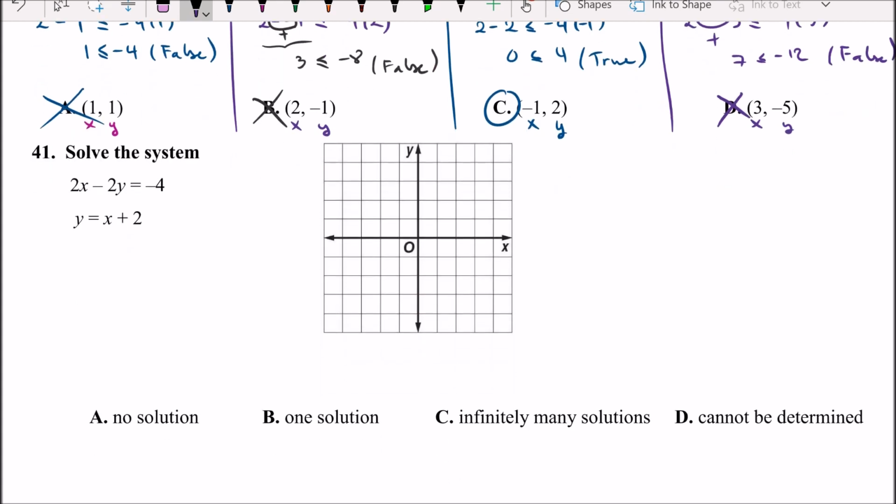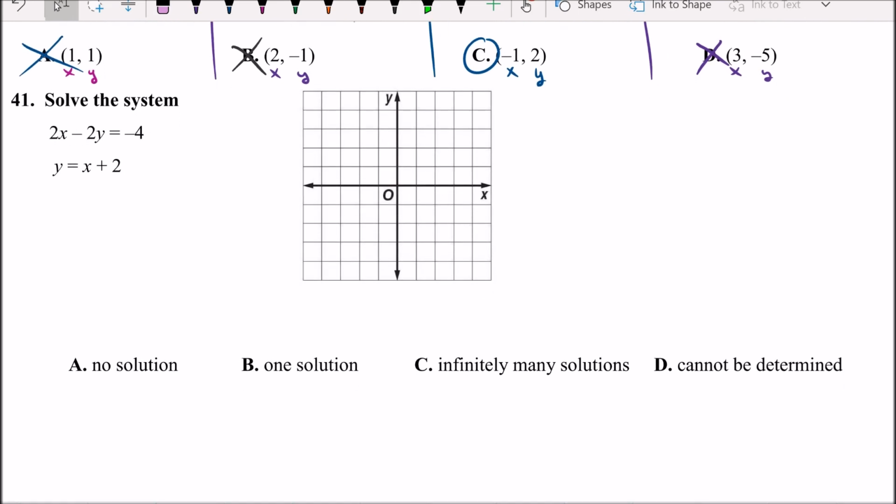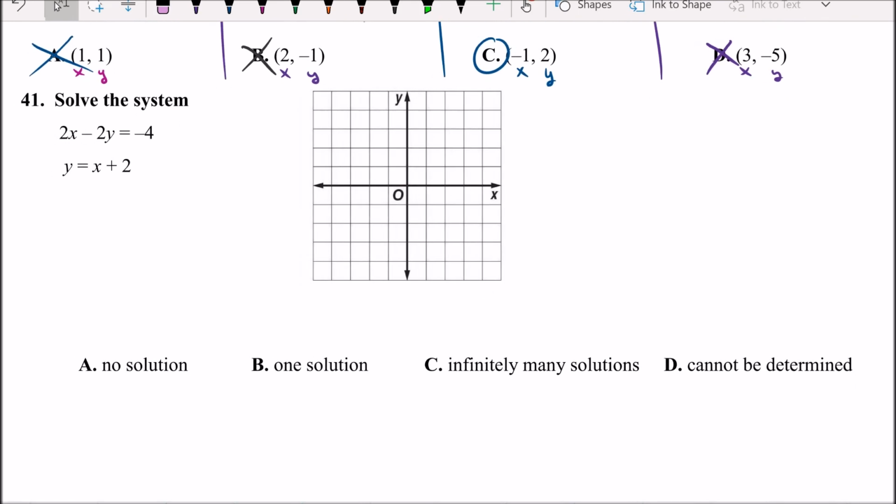Alright, 41 is our last problem. We're going to solve this. So basically you're going to graph two lines. I'm going to start with my first line, 2x minus 2y equal to negative 4. We need to know our y-intercept and the slope, so you need to get y by itself.